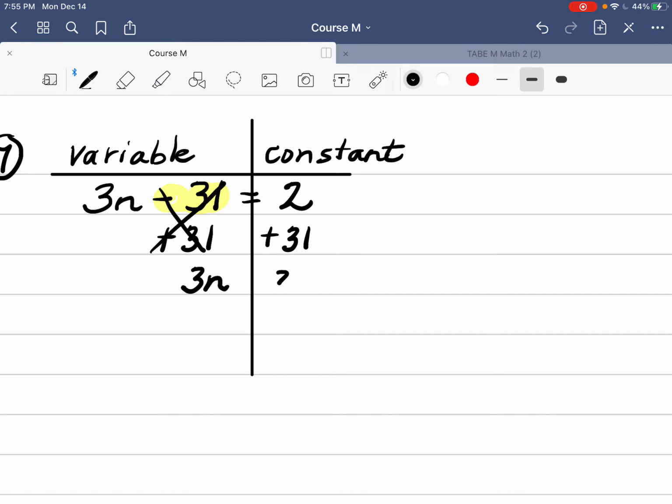So 3n equals 33. And then let's divide the 3 away. And we're left with n and 11. It is already standardized, so let's just write the solution and be done.